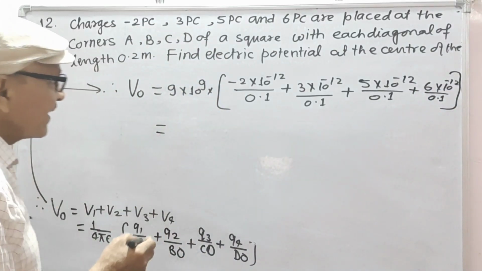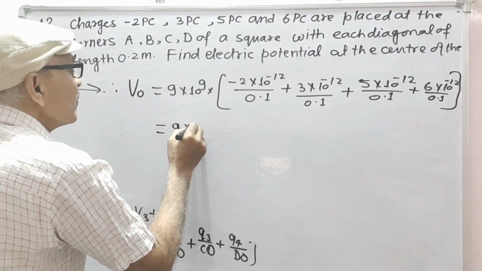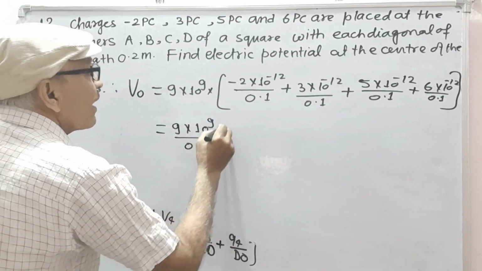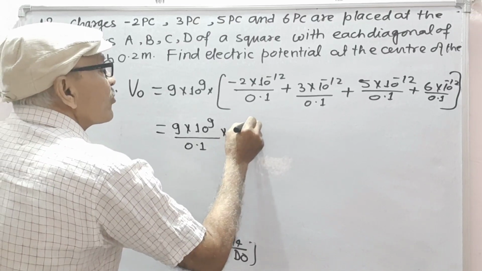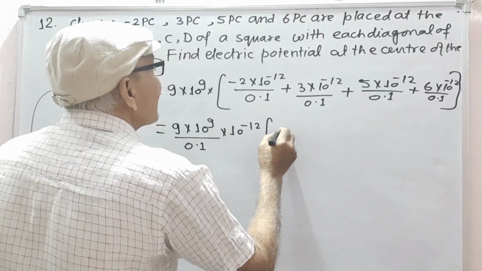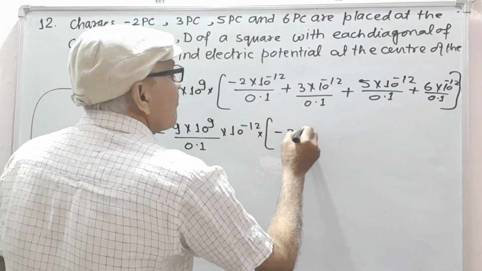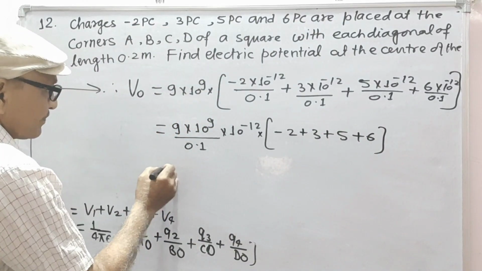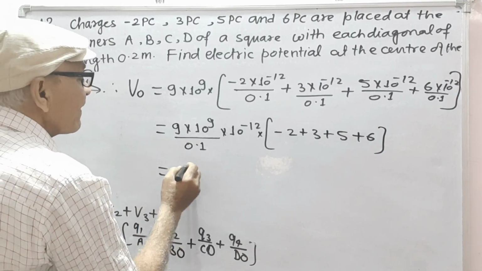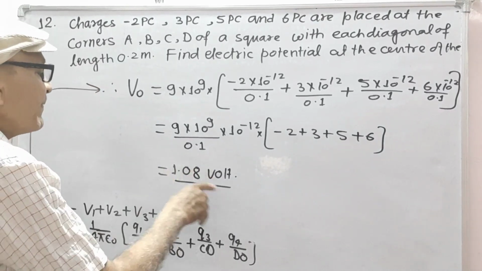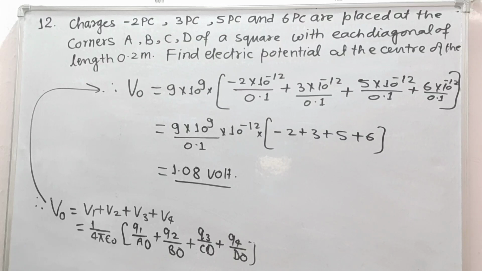On simplification, 9 into 10 to power 9, 0.1 is common to each, also 10 to minus 12 is common to each, so we get inside the bracket minus 2 plus 3 plus 5 plus 6, which on simplification gives V at the center as 1.08 volt.